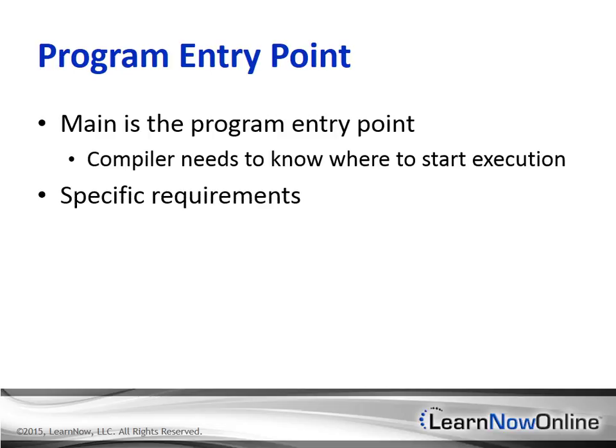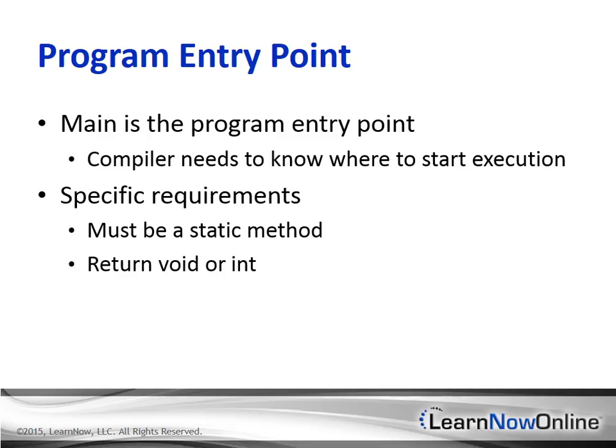Now, whether you use the default entry point or change it, the location has to meet some specific requirements. First, the method that's used for the entry point has to be a static method, so that the CLR doesn't need to instantiate the program object, in the case of the Hello World sample, in order to invoke the method. This is the reason for the static keyword in the definition of main in the sample application.